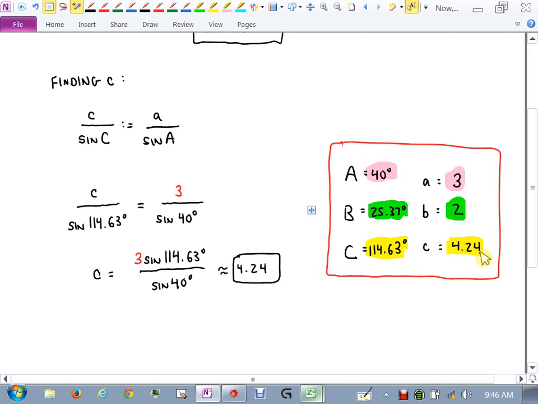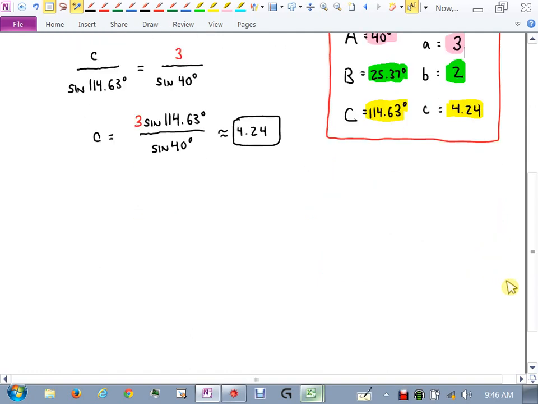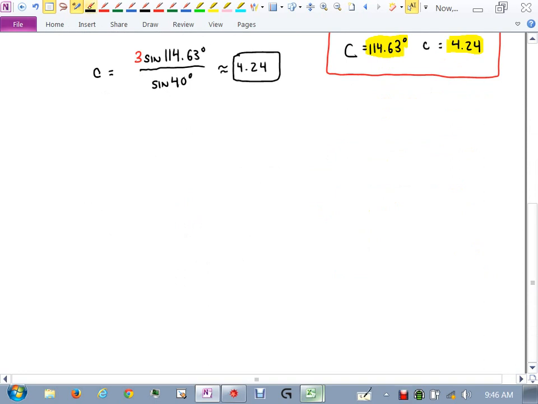Okay, so we're going to end it because I do want to review, but I want us to just think about this for a second. What if you were given this? This is just thinking ahead as an example. What if I told you A was 2, B was 4, and then the angle C was 32 degrees?